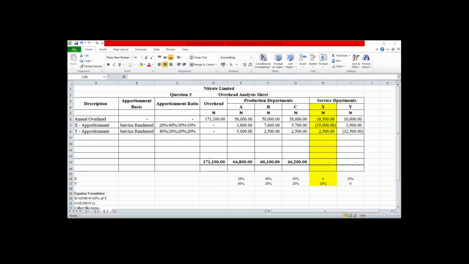Now, looking at it, we said less X from both sides.